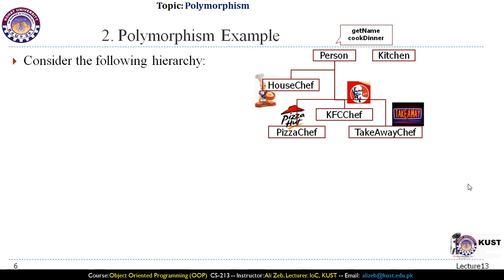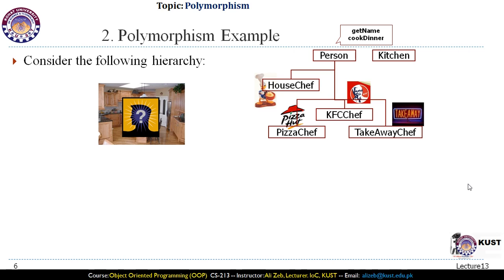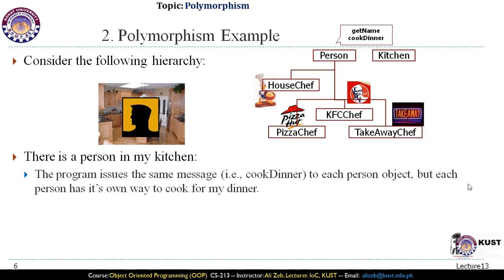If we consider the hierarchy, each type of this person belongs to the Person class, but they are doing different kinds of job. So for example, if one of the persons is working in my kitchen and I want to ask the person to prepare dinner for me, or if I'm passing a message to this person to cook dinner for me. Now as we can see, the Person class has two methods that are inherited by each of these subclasses.